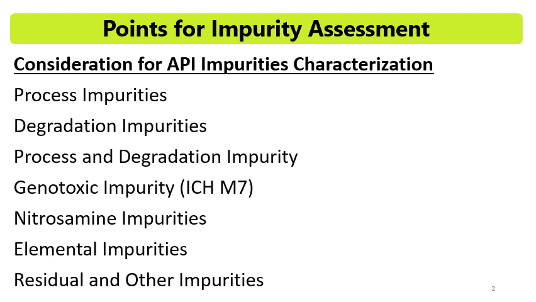Then what are the residual solvents used in the manufacturing of the API and how they are controlled with their specific limits. So these are the points to be considered for API.